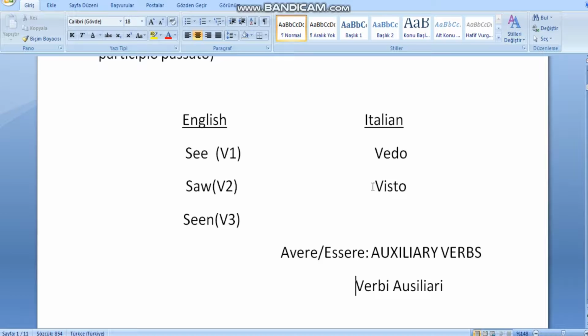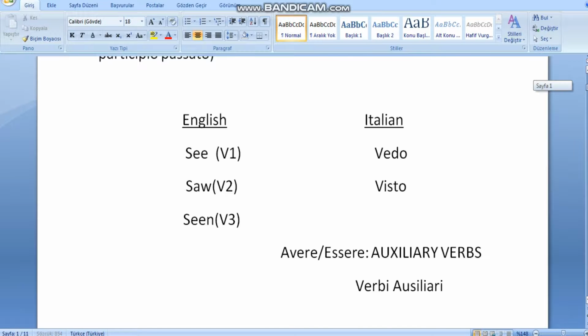One of the verbs we could use in past tense always finishes with an O, as long as it's not being used with a direct pronoun, or if it doesn't have an auxiliary verb like essere.